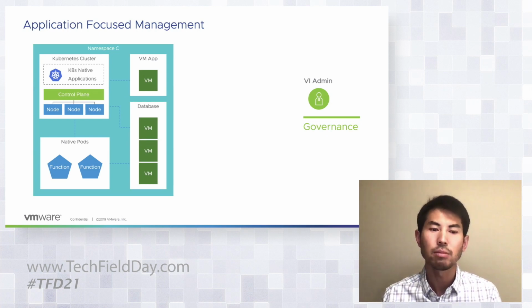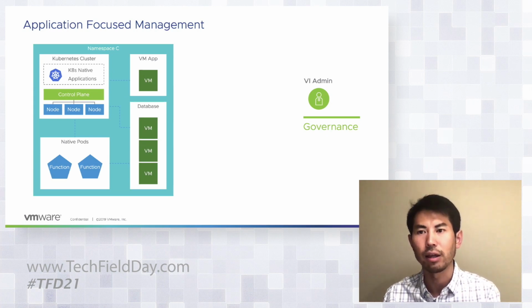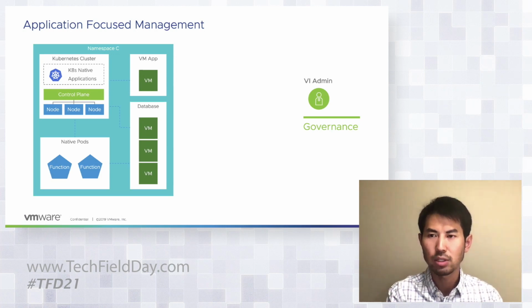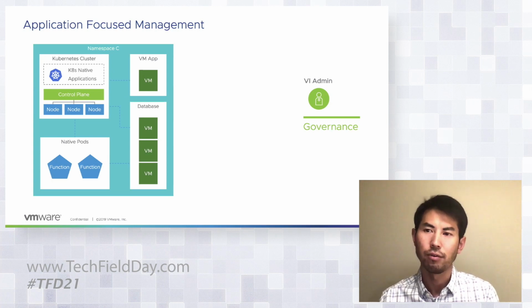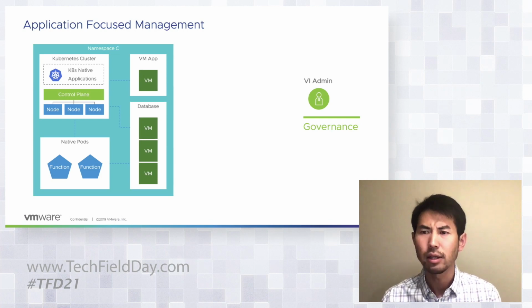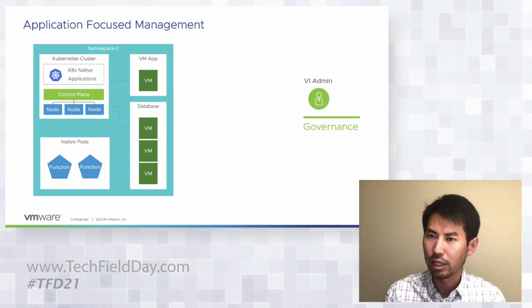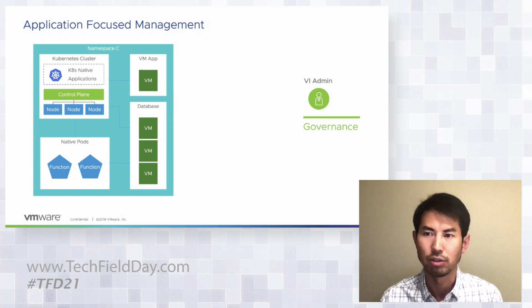But we also see organizations where one group of teams mainly focuses on building applications, the developers, and there is an operations team whose focus is to deploy these applications built by developers and maintain them on the platform. So we see a few very different models of how customers are adopting DevOps, but the focus is on whoever is going to deploy and operate the application on the vSphere platform. They will be the target users for the kubectl interface.